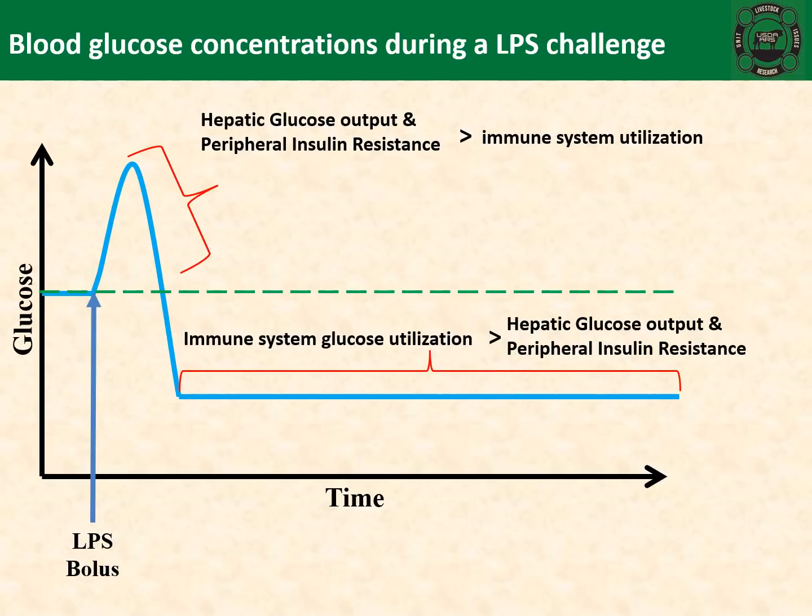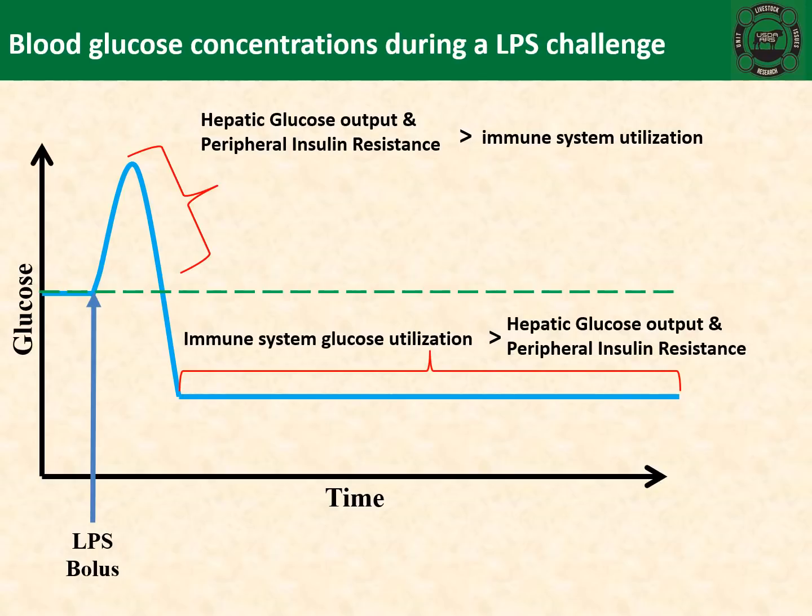This slide represents the typical blood circulating glucose response to an endotoxin challenge. As the graph depicts, when the immune system is activated, glucose is mobilized to provide the necessary fuel for the immune system, and this increase in glucose mobilization can be detected in circulating glucose concentrations.